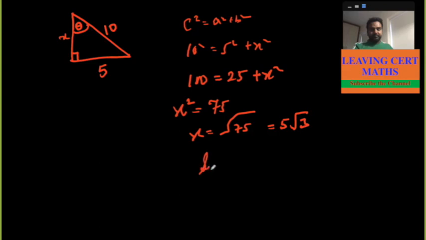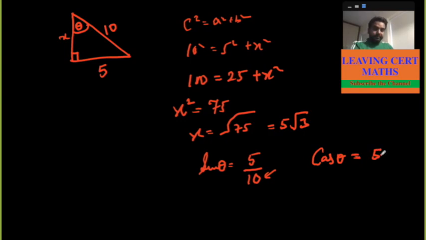I got 5 root 3 over 5. 5 over 10. Because in sine the last letter is h, and h belongs to hypotenuse. Makes sense? Yeah. What is cos theta? Adjacent over hypotenuse. What is adjacent?